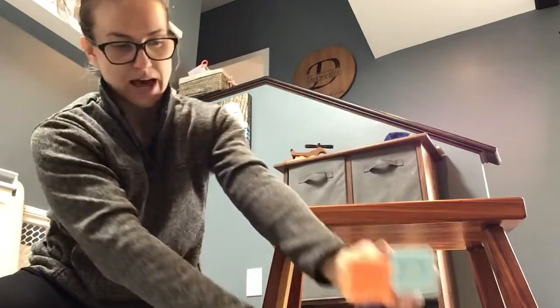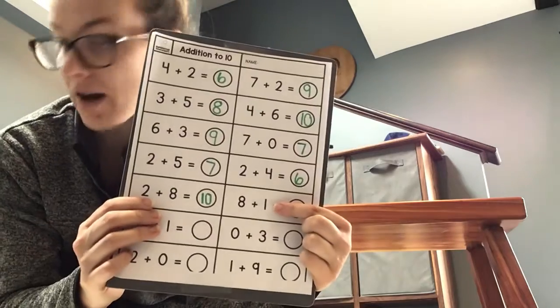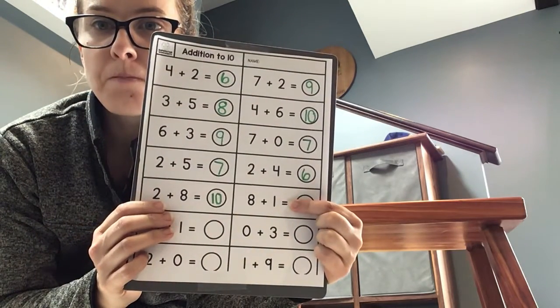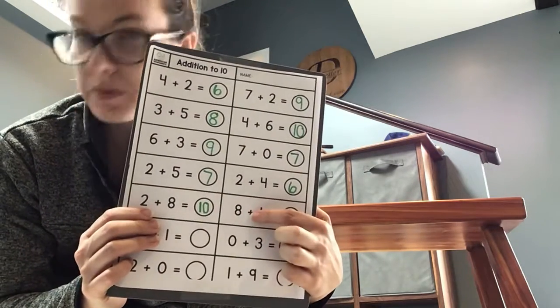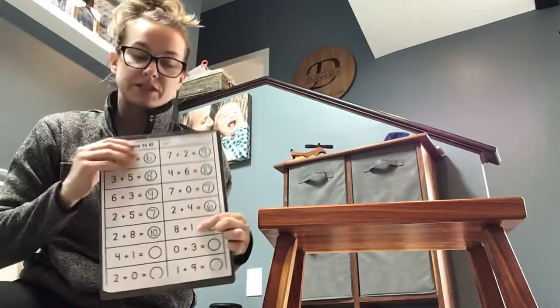Okay, now the last one we're going to do together is this one right here. Can you read this one out loud? 8 plus 1 equals. Let's figure it out.